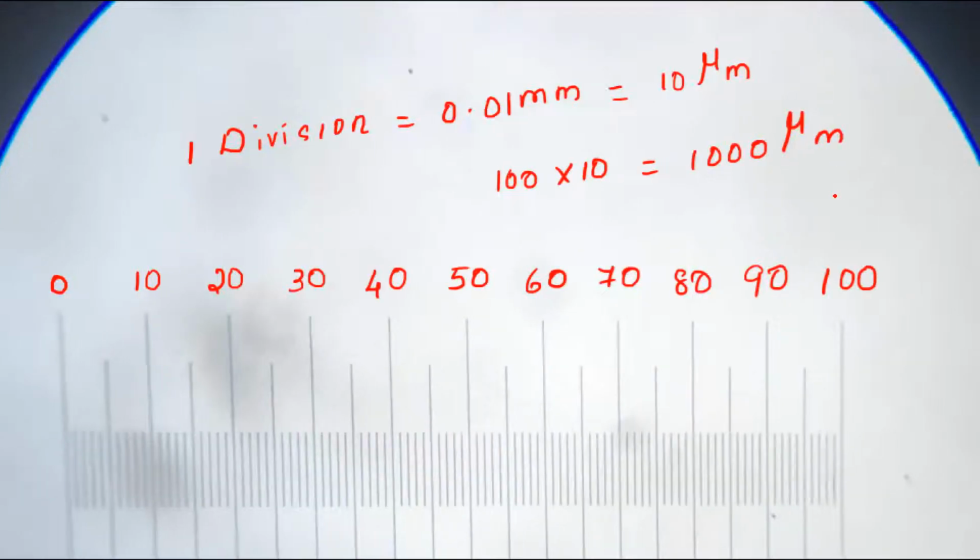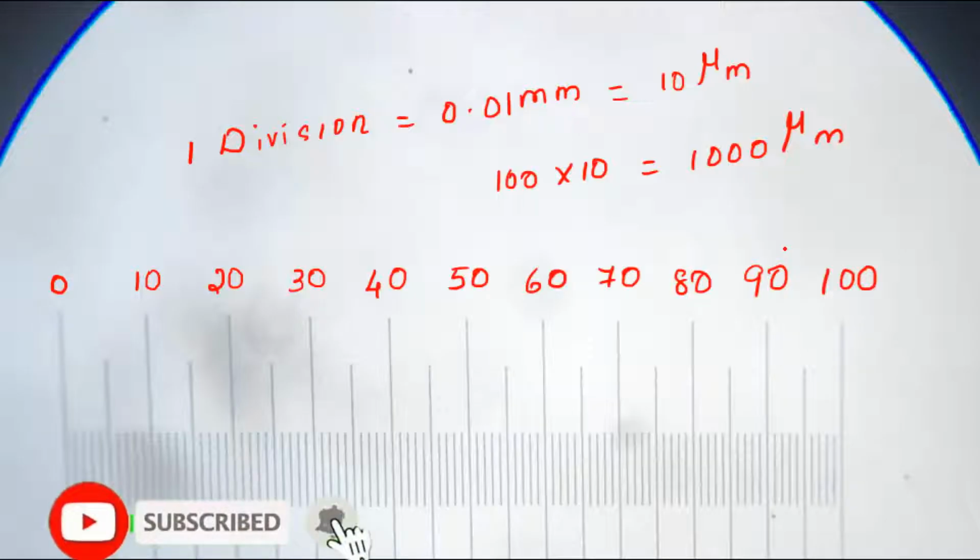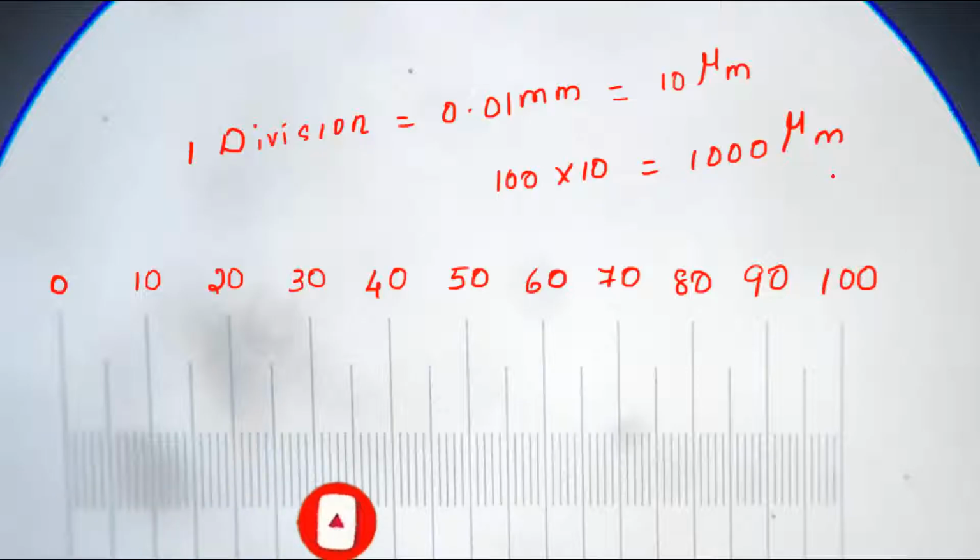Is it clear? So the stage is a standardized scale. It is etched in the stage micrometer, and its size is 1000 micrometer. And also the size of one division is 10 micrometer. These 2 points we need to understand.